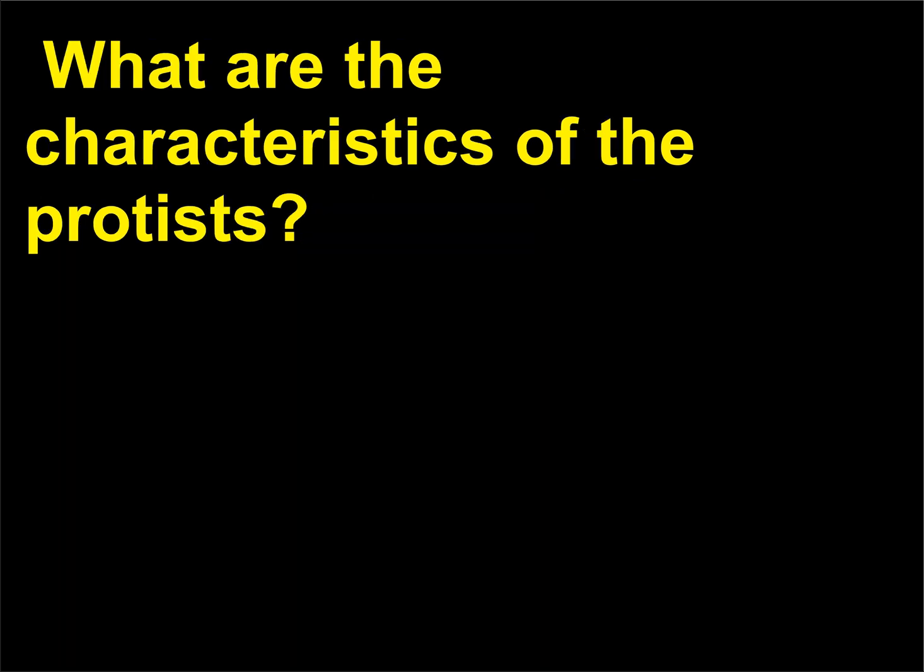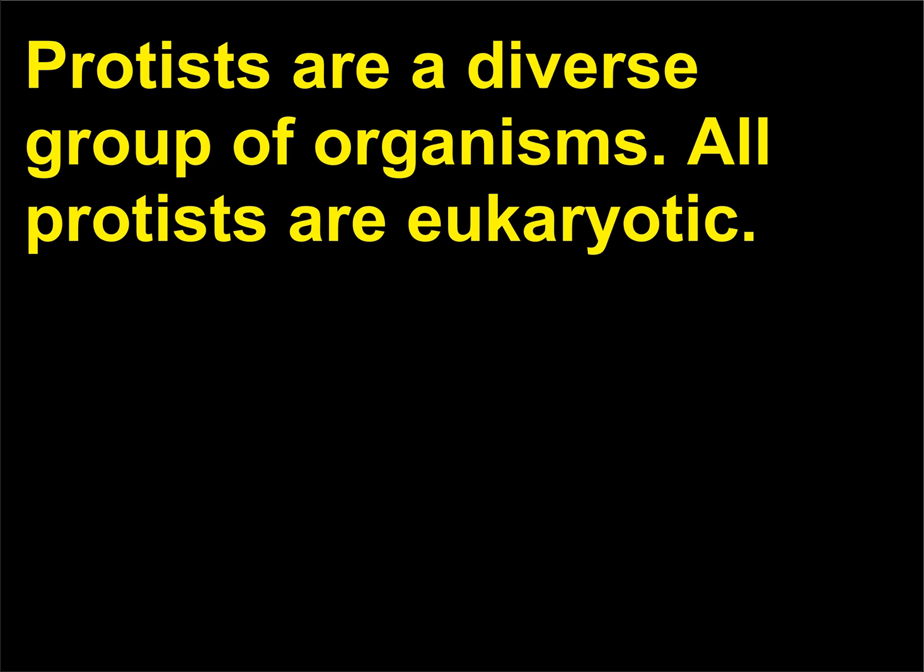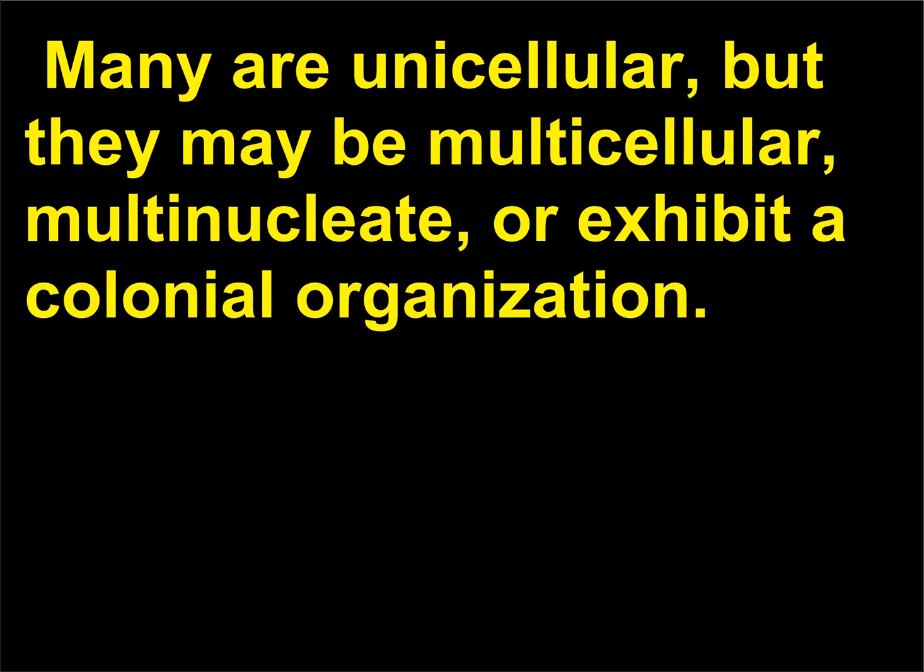What are the characteristics of the protists? Protists are a diverse group of organisms. All protists are eukaryotic. Many are unicellular, but they may be multicellular, multinucleate, or exhibit a colonial organization.